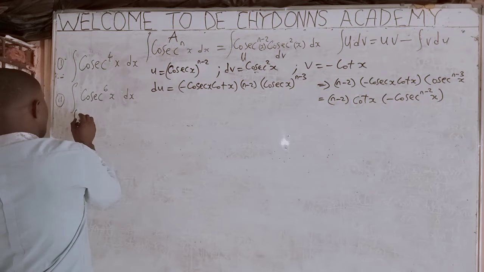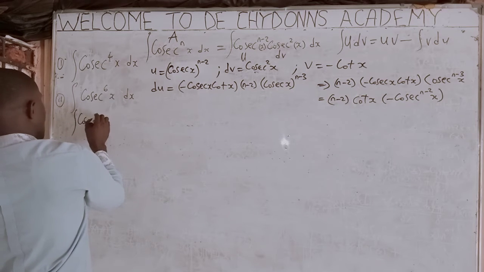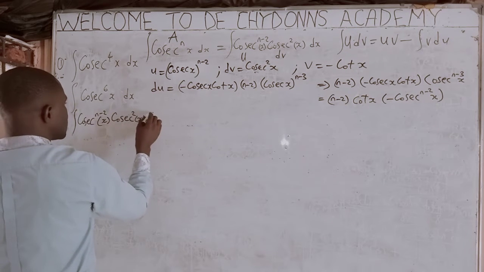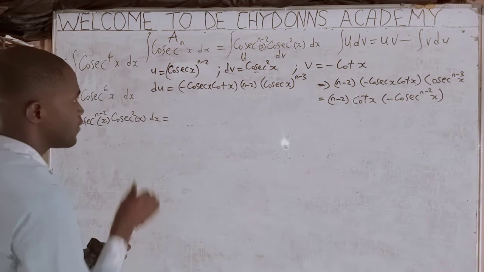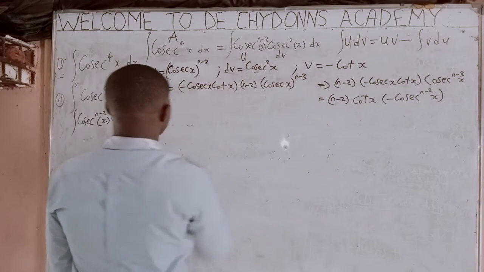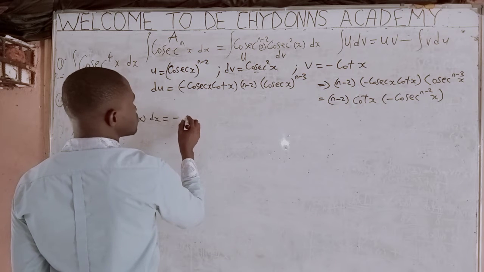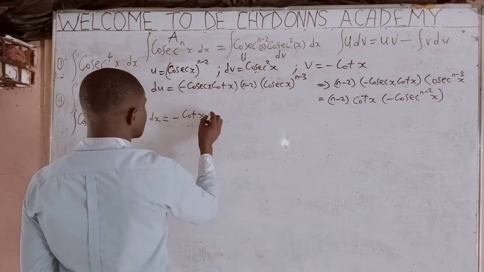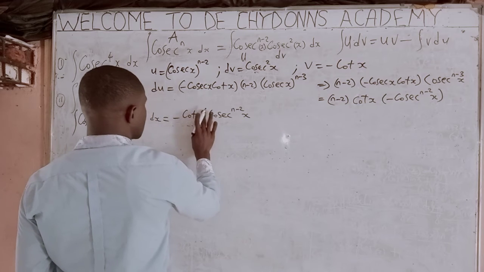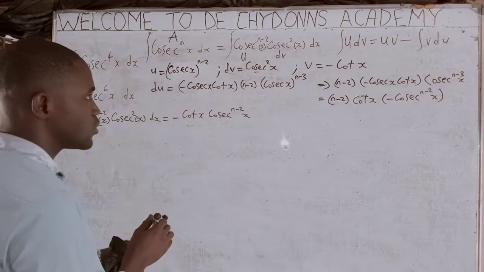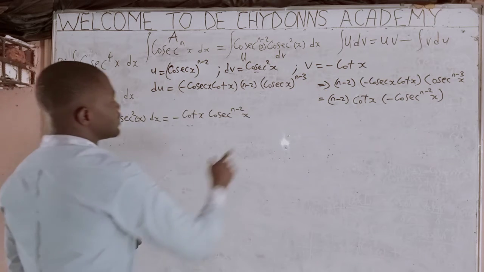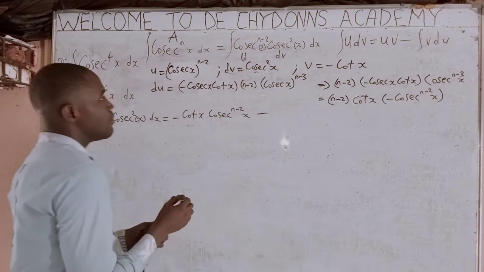Integration of cosec^(n-2) x cosec squared x dx is equal to uv, which gives us minus cot x cosec^(n-2) x. Then minus integration of v du.